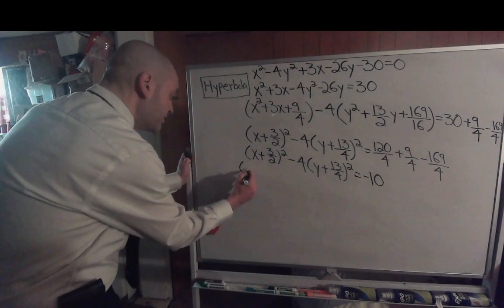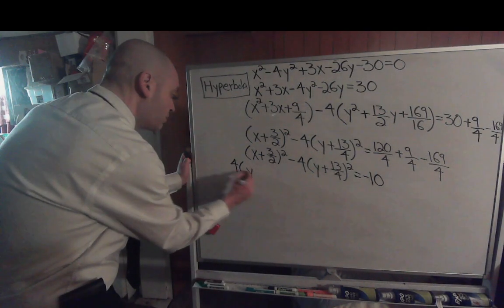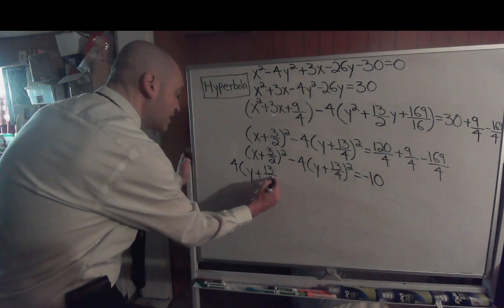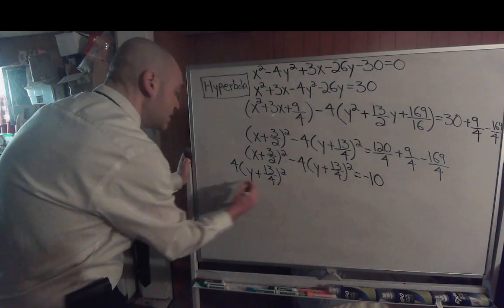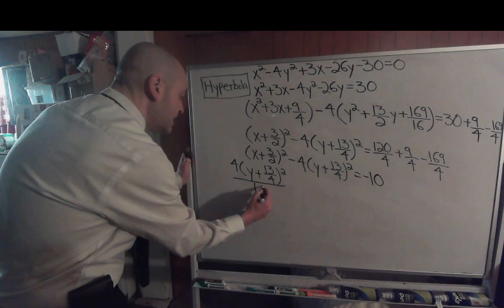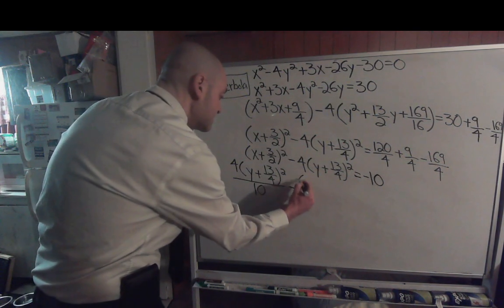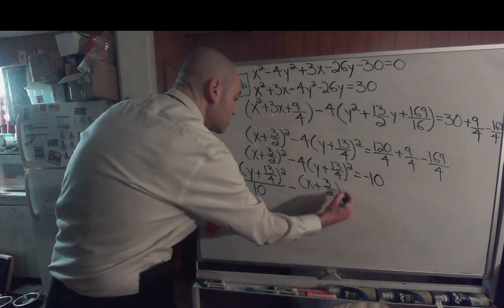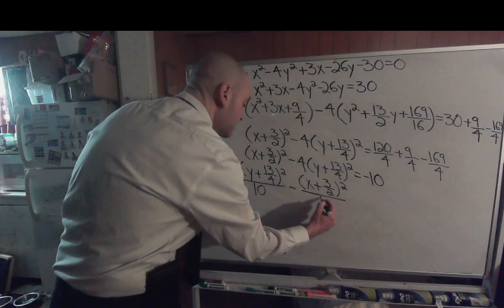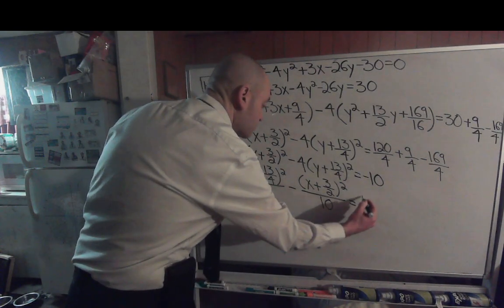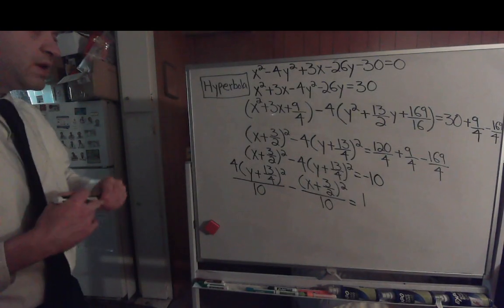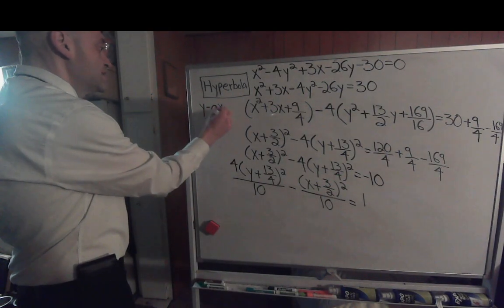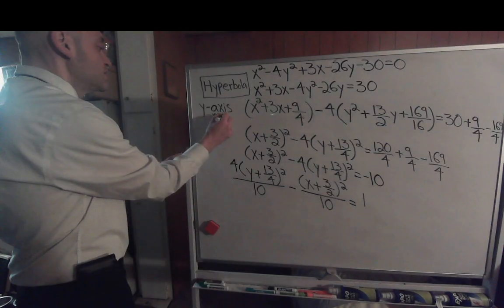So you would end up having 4 times y plus 13/4 squared all over 10 minus the x plus 3/2 squared all over 10 equals 1. So definitely the y-axis just became your major axis. So the y-axis is major. We figured that out.